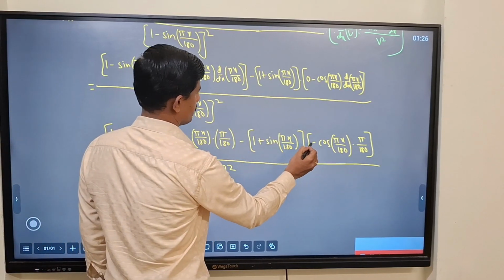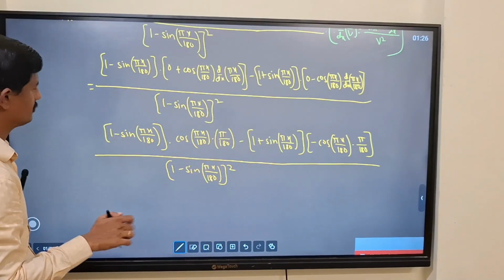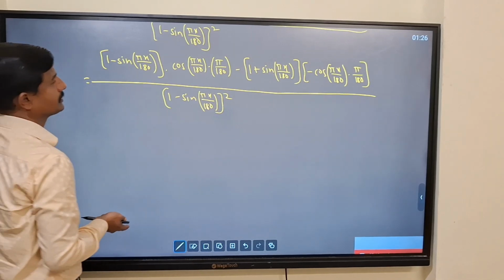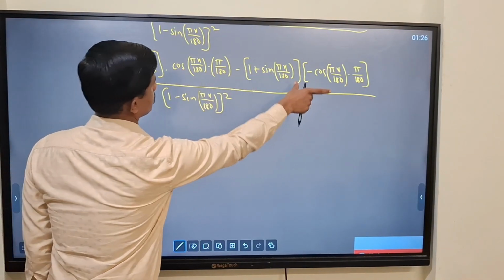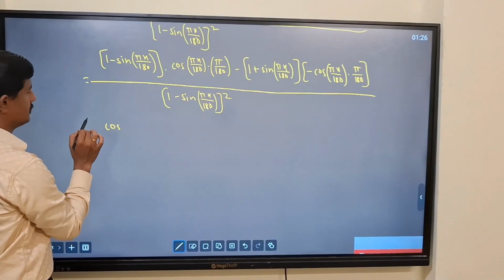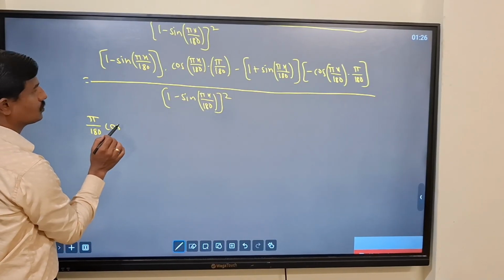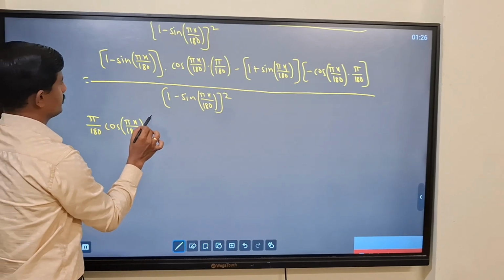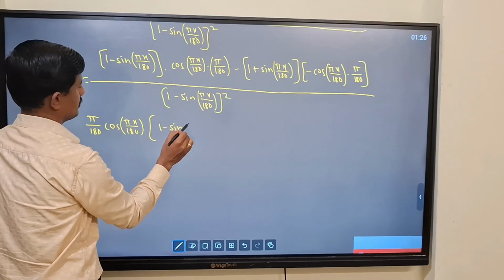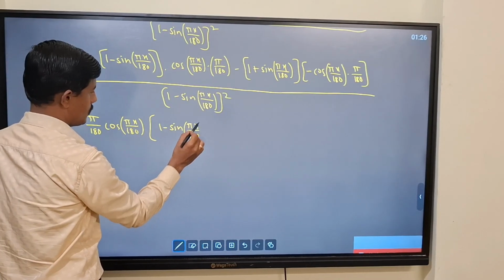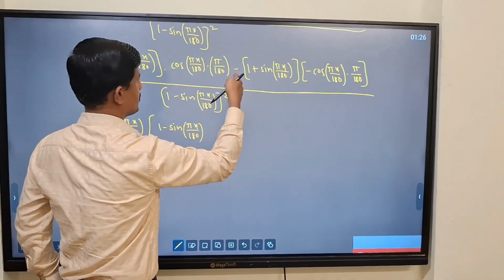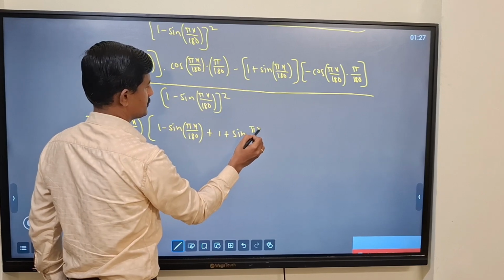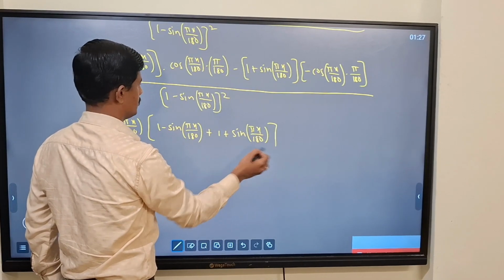Now you can stop here. After this minus minus plus becomes plus, and you can write down that term, and you can stop here. But if you want to simplify more, then take this term common. Which term is common? That pi by 180 into cos pi x by 180. Here remains 1 minus sine pi x by 180. Here this minus and this minus become plus, so this term becomes 1 plus sine pi x by 180.